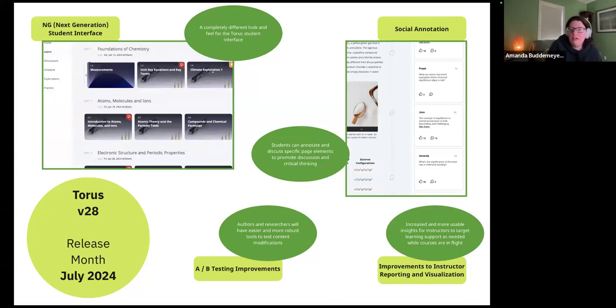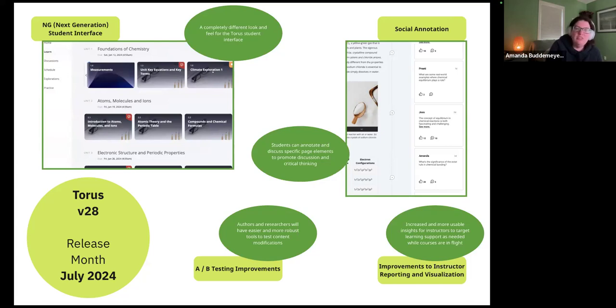I think that for our next meeting, when we talk about version 28 a bit more, we're going to have more information about some of these other features, but we're still doing ongoing research. I'm going to be updating the documents on the website probably once a month, corresponding with the Torus community meeting, so that you get the latest snapshot of what we know about each of these upcoming releases.